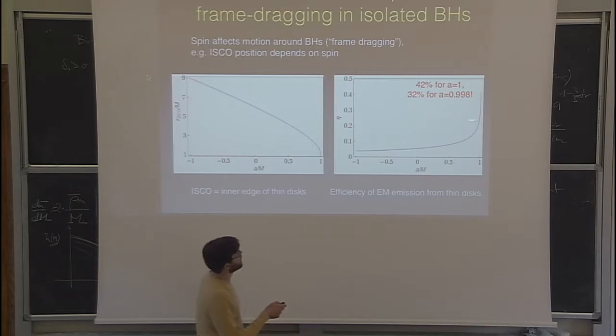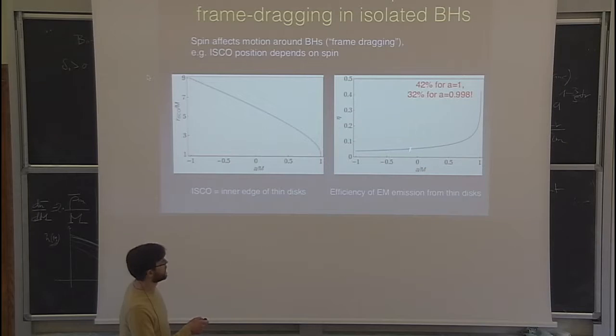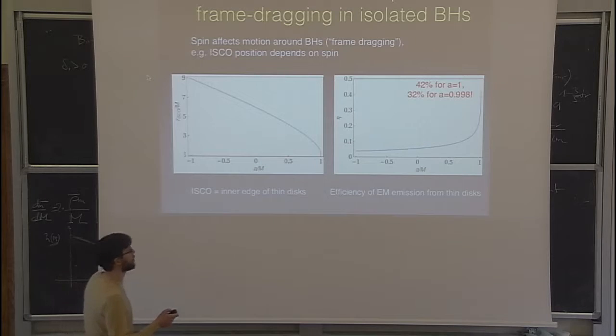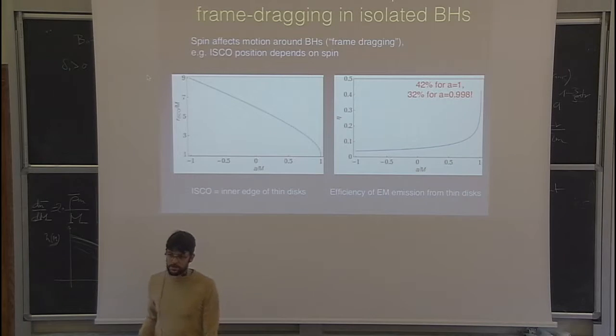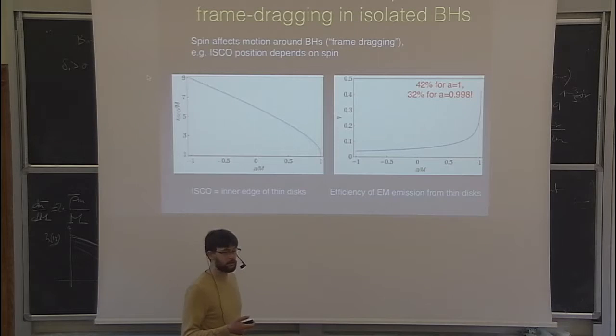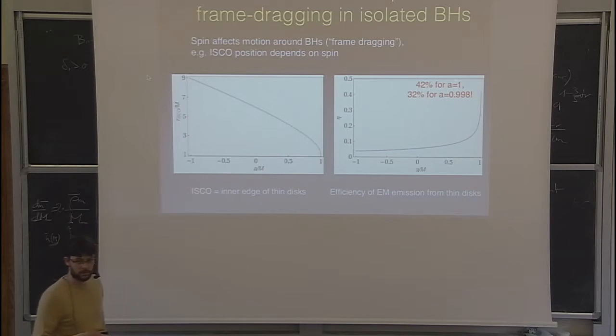In particular, the efficiency can go from 5% for zero spin up to several tens of percent for high spins. Keep in mind that an efficiency of just 5% is huge. For a nuclear reaction, the efficiency is much less than a few percent. This is why we believe that quasars are black holes.